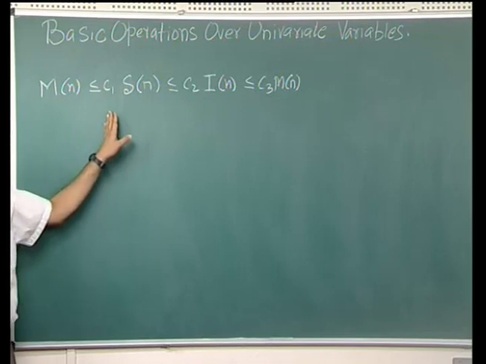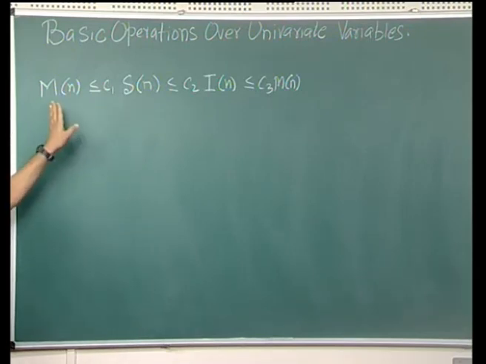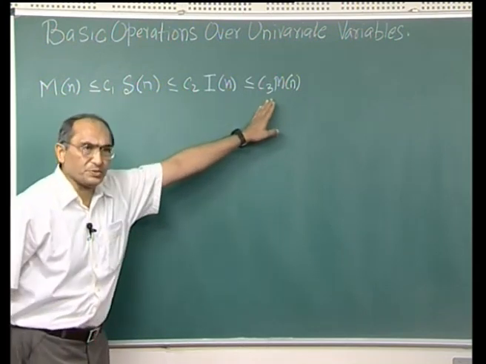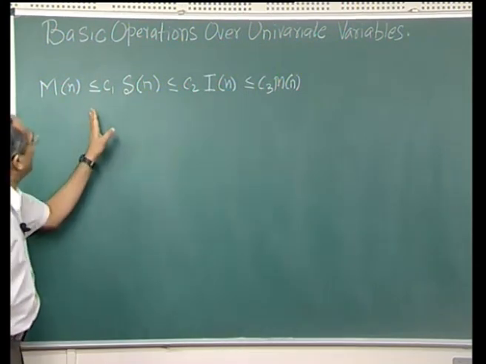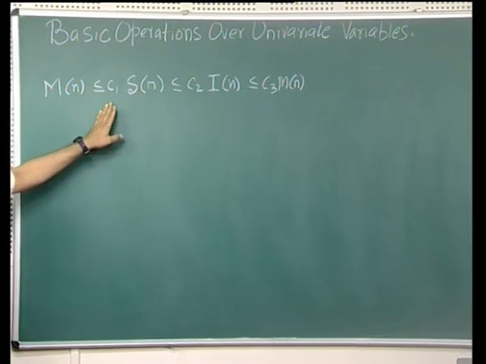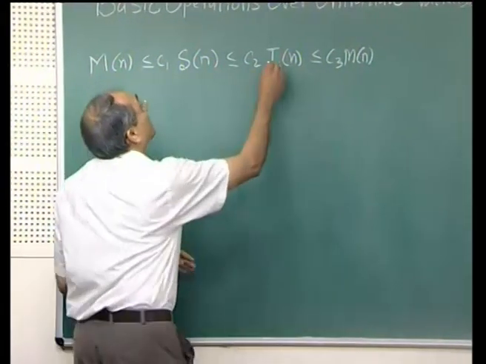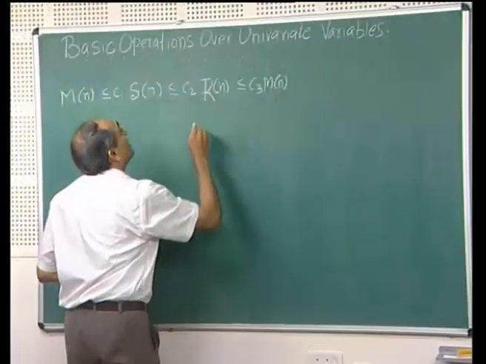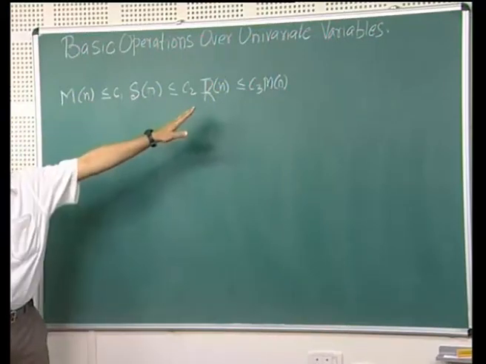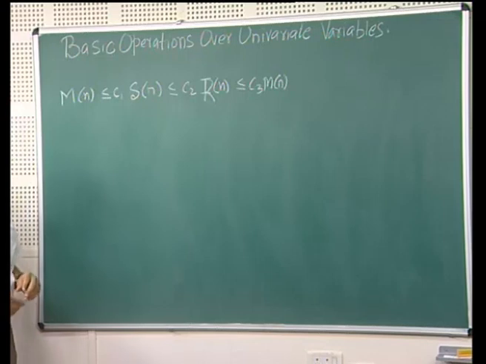Which means if I have a good algorithm for any one of these operations, I have a good algorithm for each one of those. And observe that division is essentially computing the reciprocal, followed by a multiplication. So that also has the same complexity.